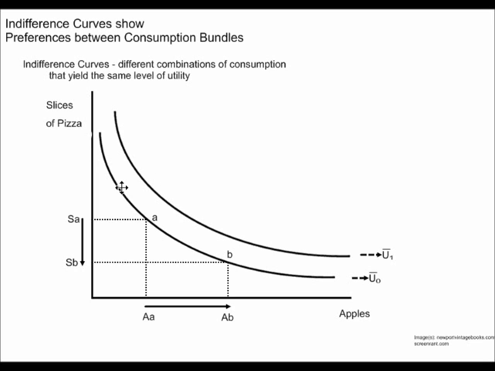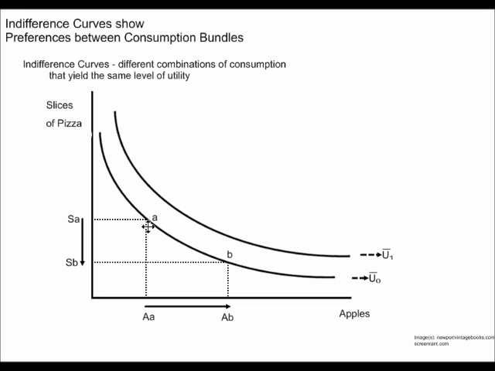And there's many different points along this curve, and all the different points represent different amounts of pizza, different amounts of apple. All those different points have something in common. They all produce the same level of happiness for you. So we can think about two different points, point A and point B. Point A has a certain amount of slices of pizza and a certain amount of apples with it. Point B has less pizza but more apples. And so you could think about going from point A to point B, right?